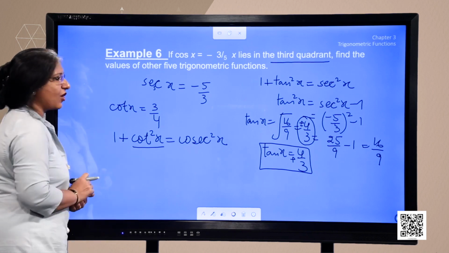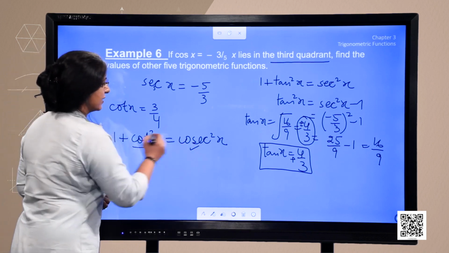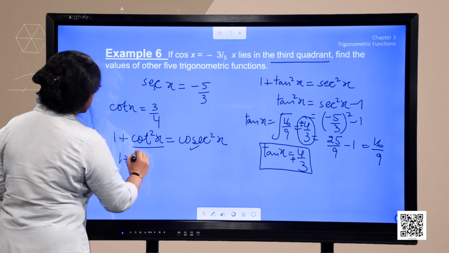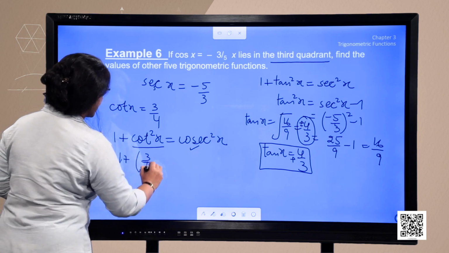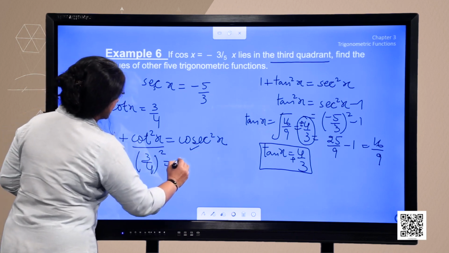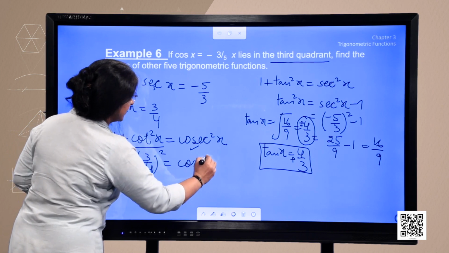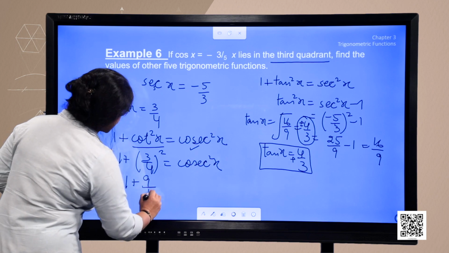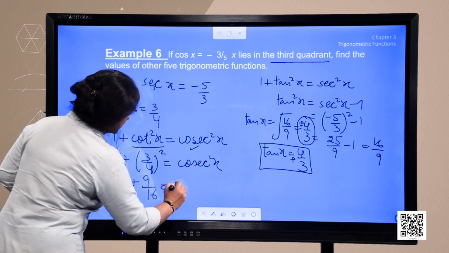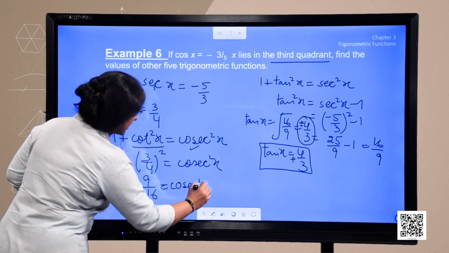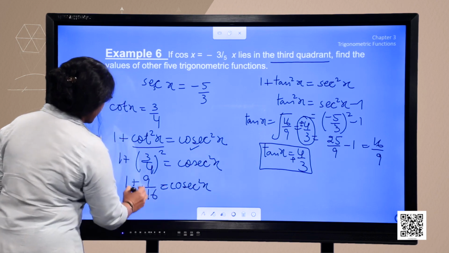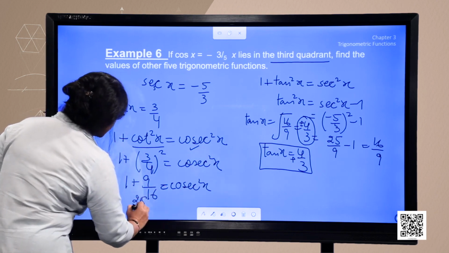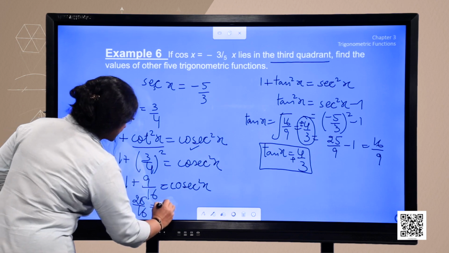Substituting the value of cot, we can find cosec x. 1 plus (3 by 4) square is equal to cosec square x, which is 1 plus 9 by 16, and this will be 25 upon 16, cosec square x.